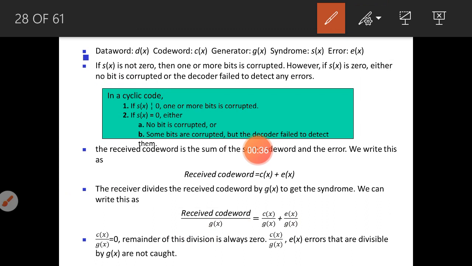After that, the remainder of c of x divided by g of x is always 0, because c of x is the code word sent by the sender, which is a valid one. And e of x divided by g of x cannot be equal to 0, then the error can be detected. If the remainder is 0, the error cannot be detected.